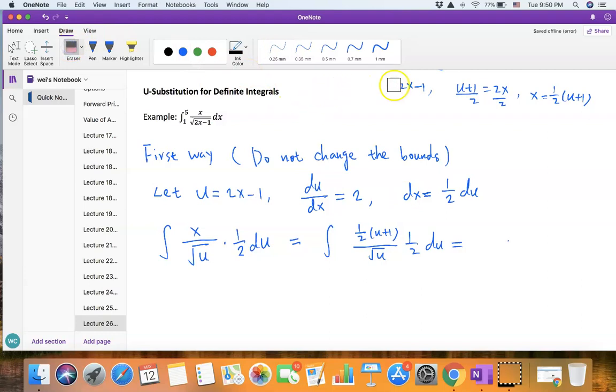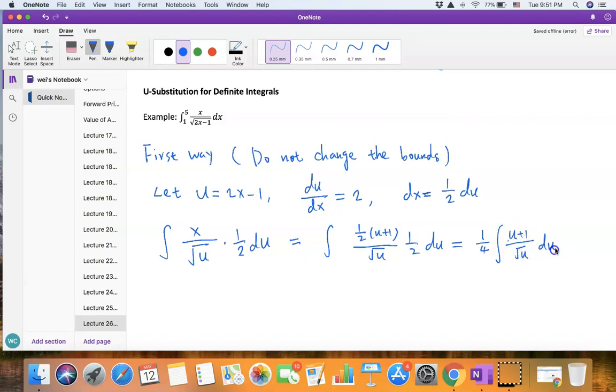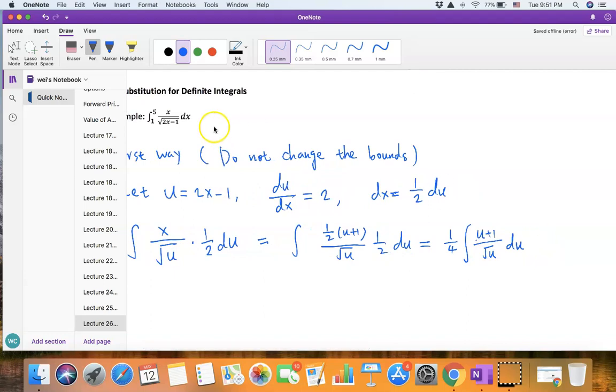Okay, now let's simplify this function. So 1 over 2 times 1 over 2, that is 1/4. So I write that outside, and u plus 1 over the square root of u. Now the square root of u we can write as u to the power of 1/2.